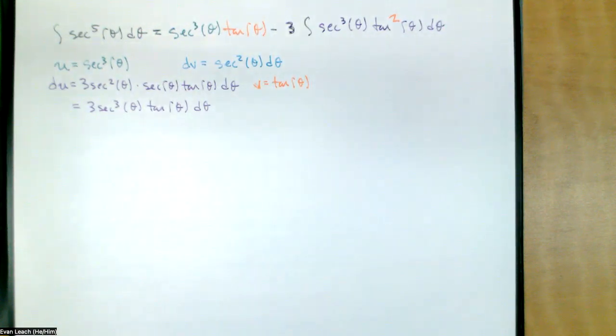This is the same thing that happened in our secant cubed. We started off with 3. Our secondary had 3. Here we started off with 5. Our secondary has 5. And we're going to get out of it in the exact same way.